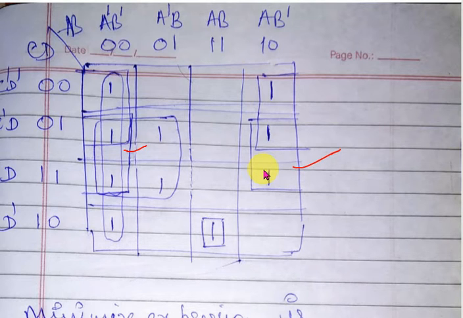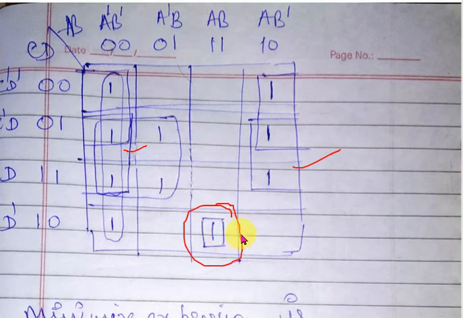So now we have only one remaining one, this one, which is not covered by any basic block yet. We cannot cover this one using a large block like 2 by 2 or 4 by 1.